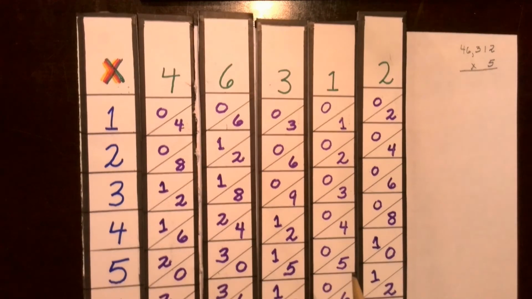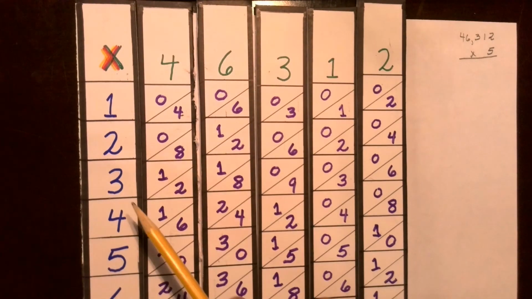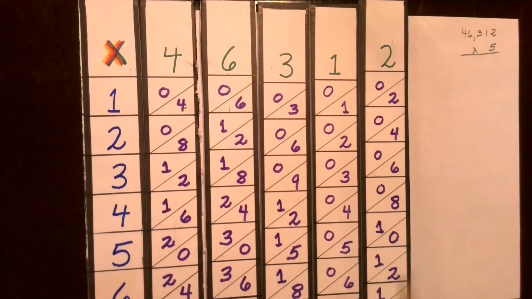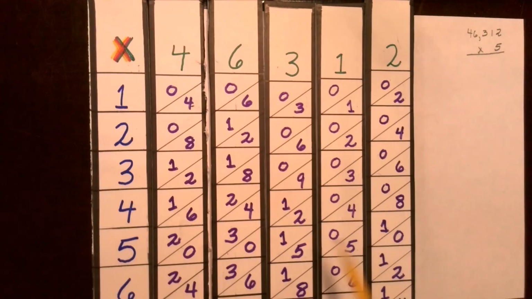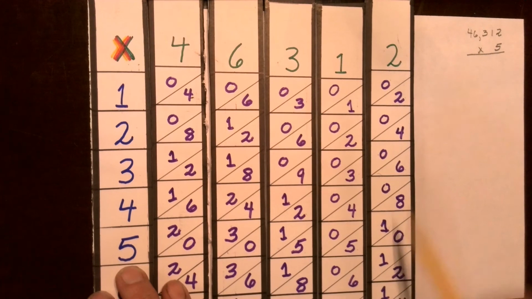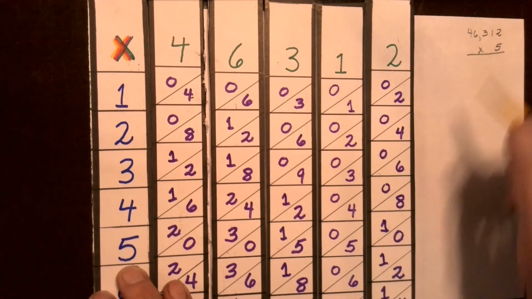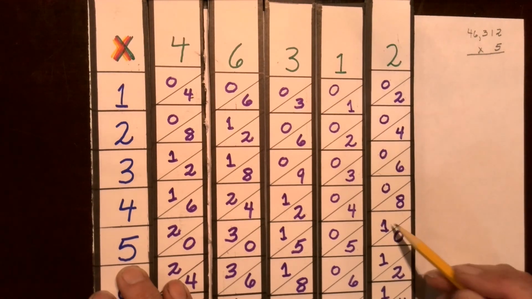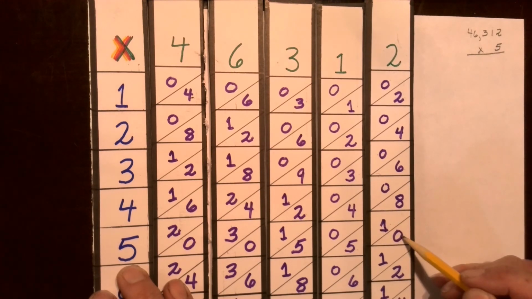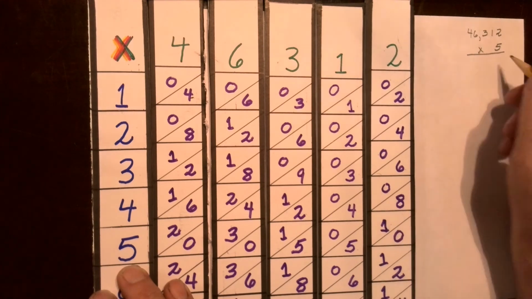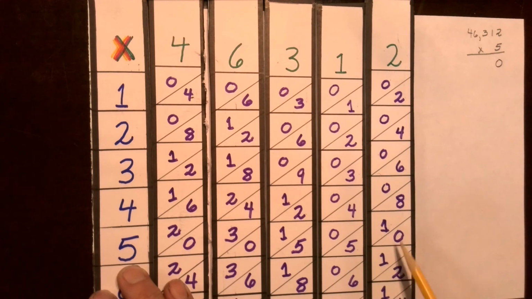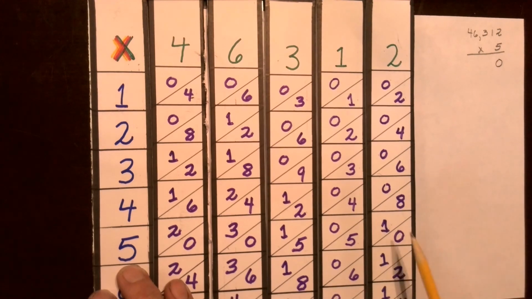Down here close to the bottom I've got 9. All right, so our first number, without doing any multiplication, is going to be 10. 5 times 2 is 10, so 0. And we've already got a 1 there, so we don't have to carry the 1. 5 times 0 is 0, and then the 1 is 1, so we're going to do 0. That's our first one. And then in the next parallelogram, 5.